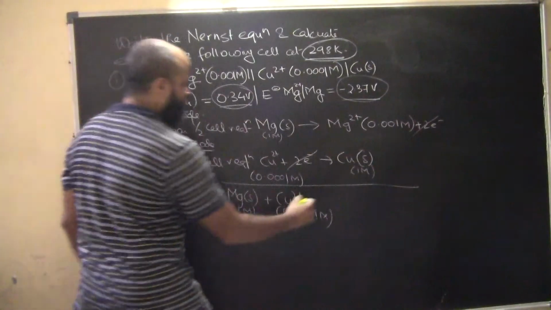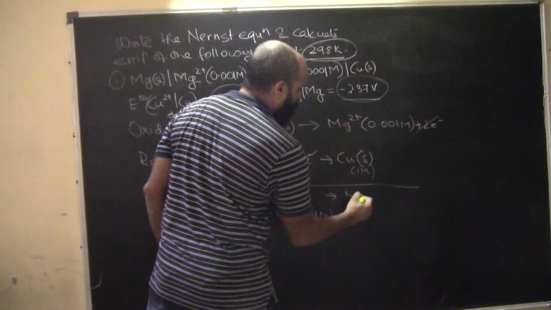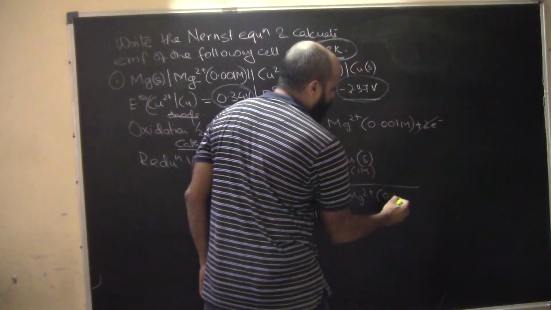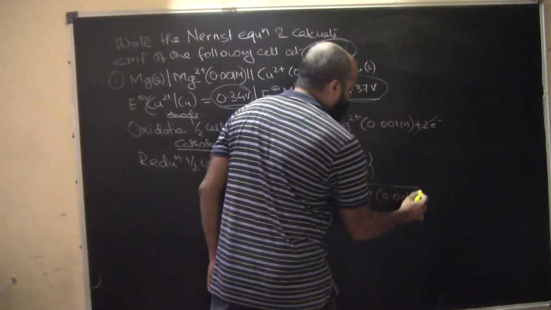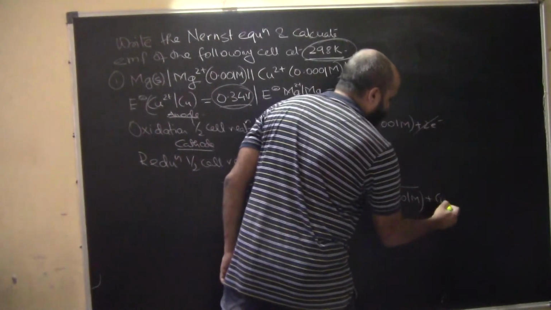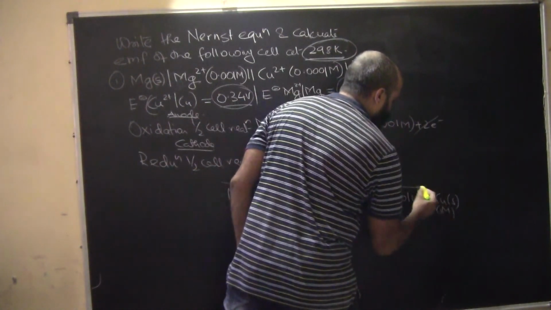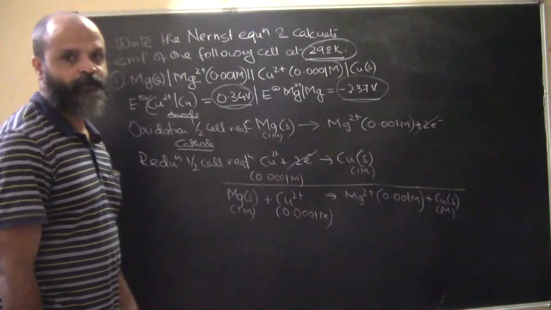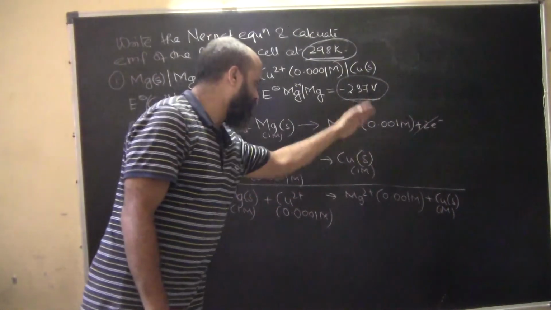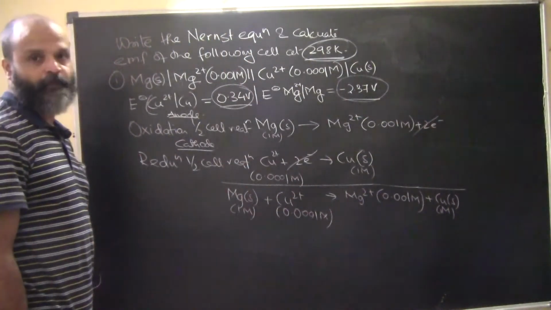And this will give you Mg2 plus, that's 0.001 molar, and Cu, that is solid, that is 1 molar. Are we clear on this one? Okay, this is how it is going to be.